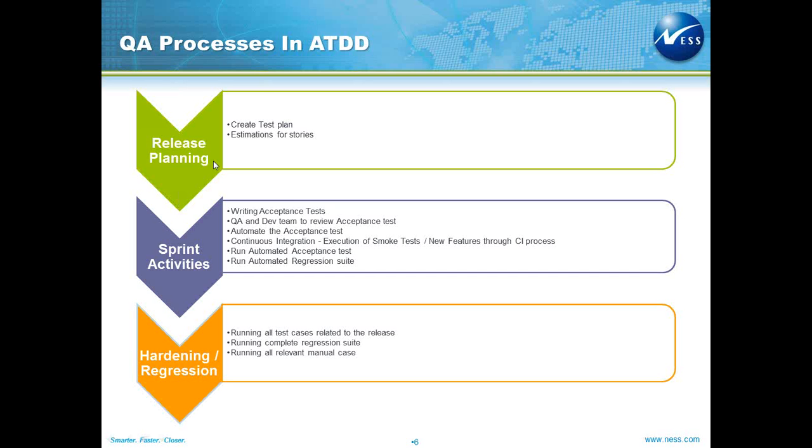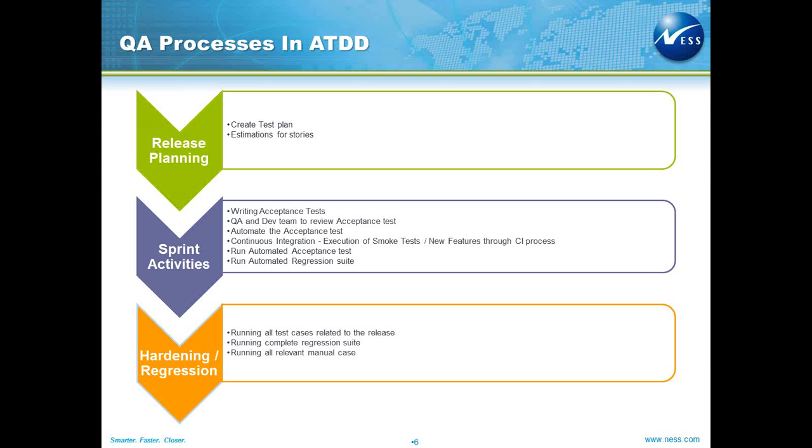In Agile too, we have various phases such as release planning, sprint activities, and the hardening or regression phase, followed by production deployment. In release planning, the scope of the release is finalized.